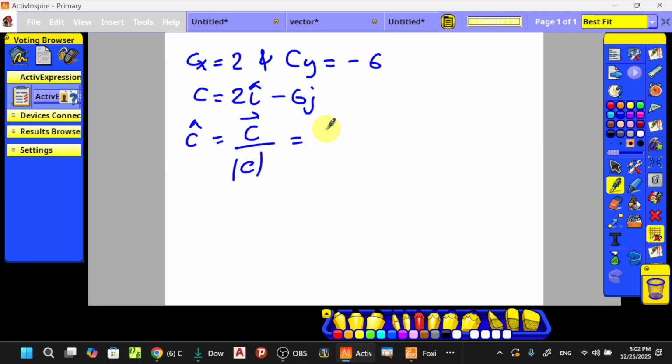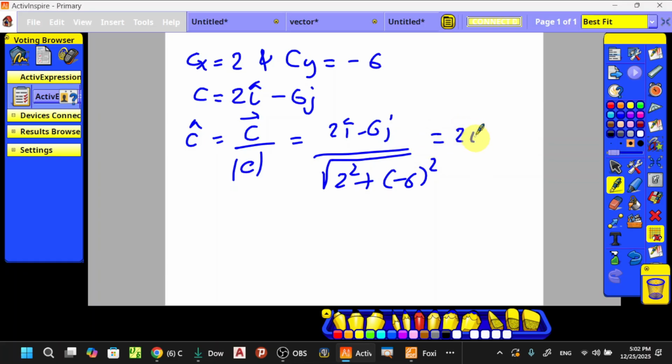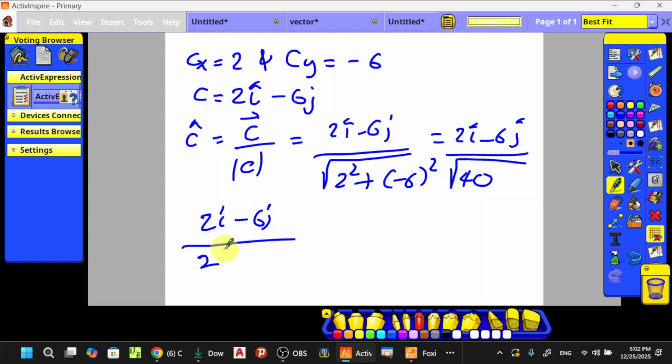This is equal to 2i minus 6j over the square root of 2 squared plus minus 6 squared, which is 2i minus 6j over the square root of 4 plus 36, that is 40, which is 4 times 10, so 2i minus 6j over 2 square root of 10.